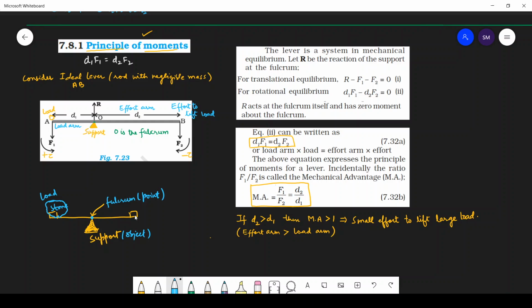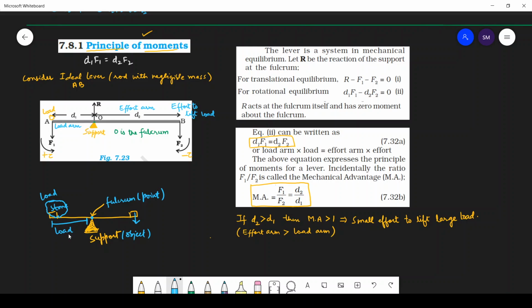So what will you do? To pick this up, you will apply force downwards. You will press down on this side of the lever. Yes or no? Yes, sir. So the distance from the fulcrum to this load is the load arm.